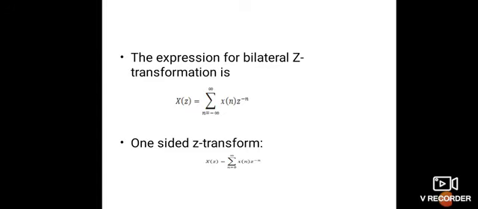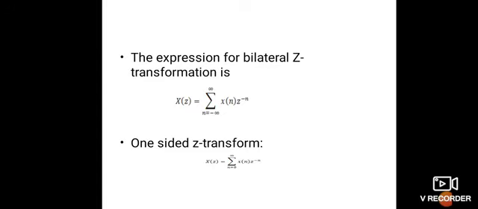So this is called the direct Z transformation, because it transforms the time domain signal x(n) into its complex plane representation X(z), and the limit is from minus infinity to plus infinity. That means I am taking the range from the negative side to the positive side, so it is known as bilateral Z transformation.